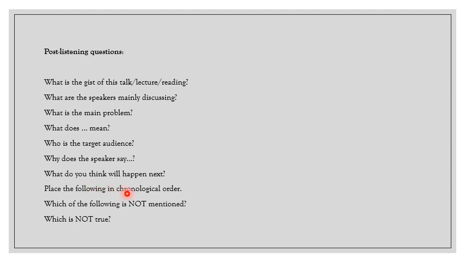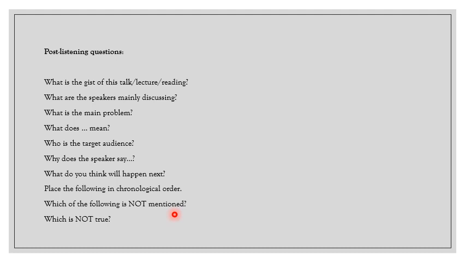Here: place the following in chronological order. Here the listening might be about the history of a certain country, telling you to arrange these events chronologically, so you arrange them according to how they appeared in the listening. Okay. Chronological order requires what? Paying attention to details. Another question: which of the following is not mentioned? This is another question related to focusing on details, to know whether this piece of information is mentioned or discussed in the text or not.